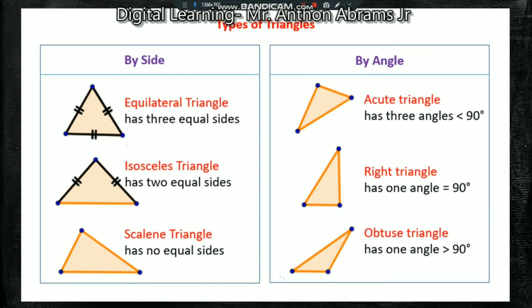If the triangle has 3 angles that are less than 90 degrees, we say it's an acute-angled triangle. If a triangle has one angle that is a 90 degree angle, that is called a right angle triangle. If a triangle has one angle that is more than 90 but less than 180, we say that's an obtuse angle triangle, right?